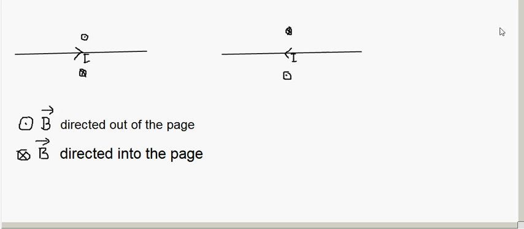Now let us say we have a current carrying circular loop. Two loops we have.